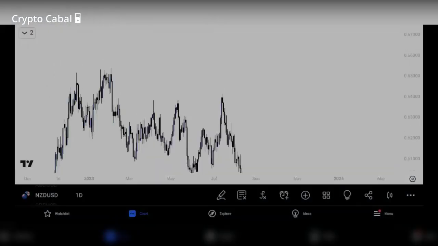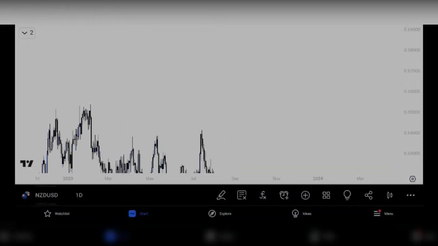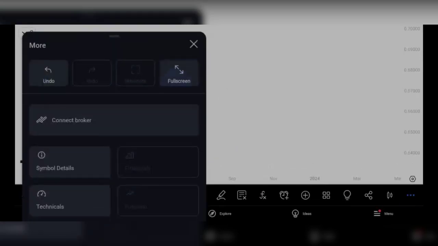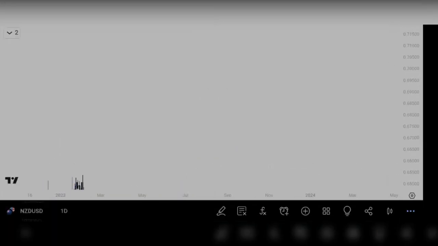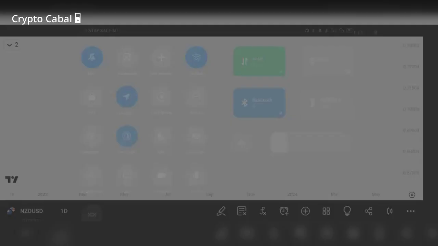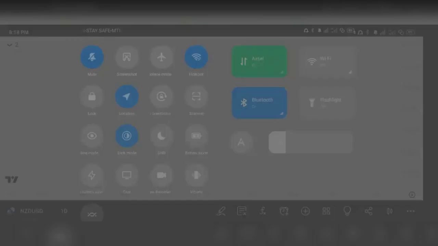Today we'll be diving into the infographics and I'll be joining it together with market structure.